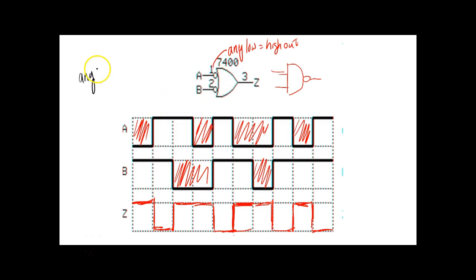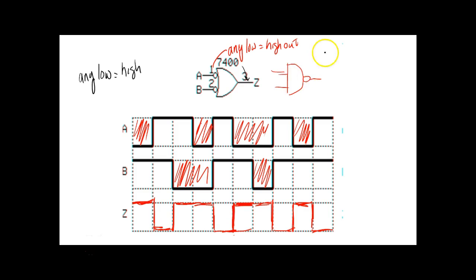If the input's got bubbles, I'm going to say what? Low. And then I'm going to look at the output. If the output doesn't have a bubble, I'm going to say what? High. That's what I want y'all to look at: look at the symbol and let the symbol tell you what it looks like.